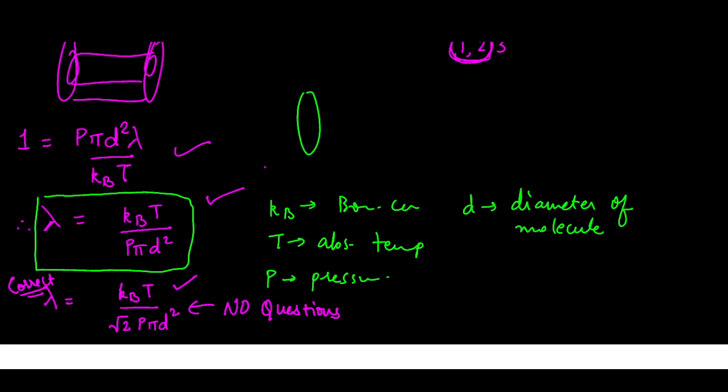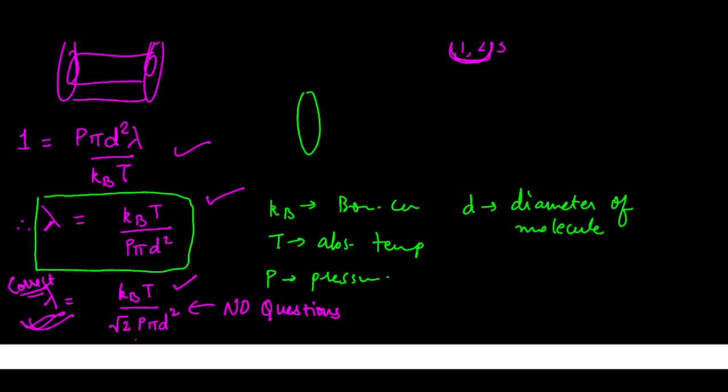Okay, so which one to use? It's always going to be confusing. So you would have to try it by both the methods. If you don't get the option, then you try the other one. If both are there in the options, it's always going to be debatable, and in that case you will have a lot more trouble. I cannot do anything with that. Because the correct formula is this one, there is no doubt about it.